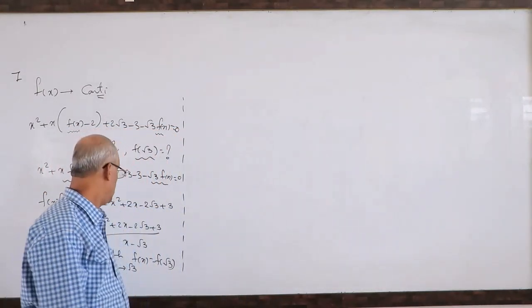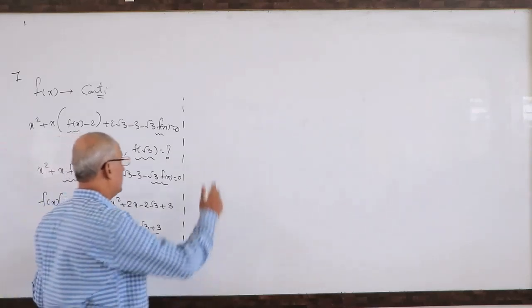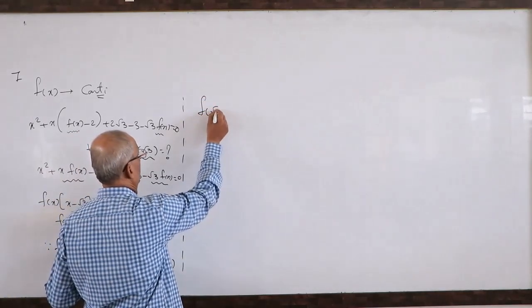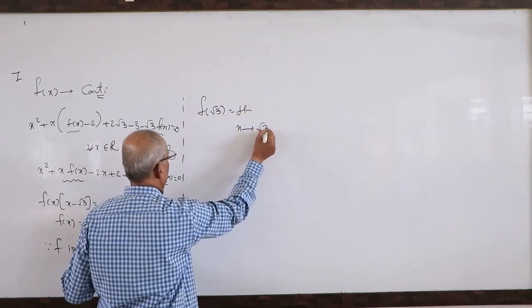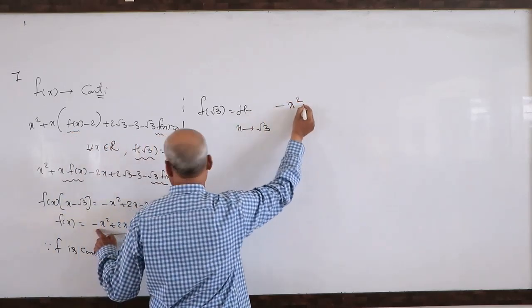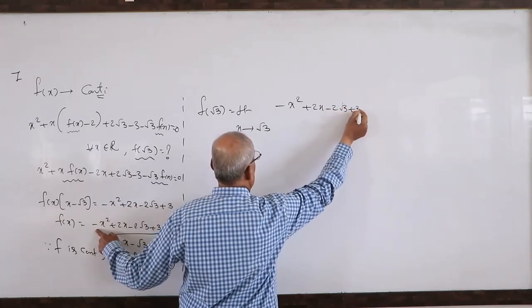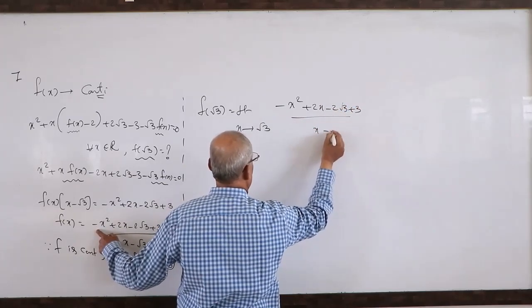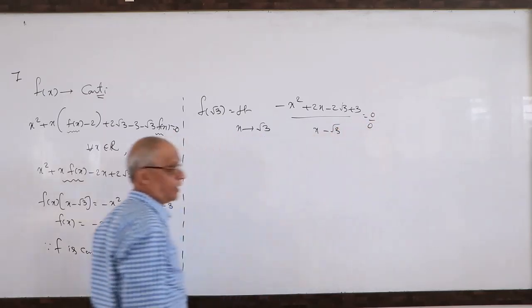Now you see here, consider the limit as x tends to root 3 of minus x square plus 2x minus 2 root 3 plus 3, divided by (x minus root 3). Hence you can observe here it is definitely 0 by 0 form, and we are happy.